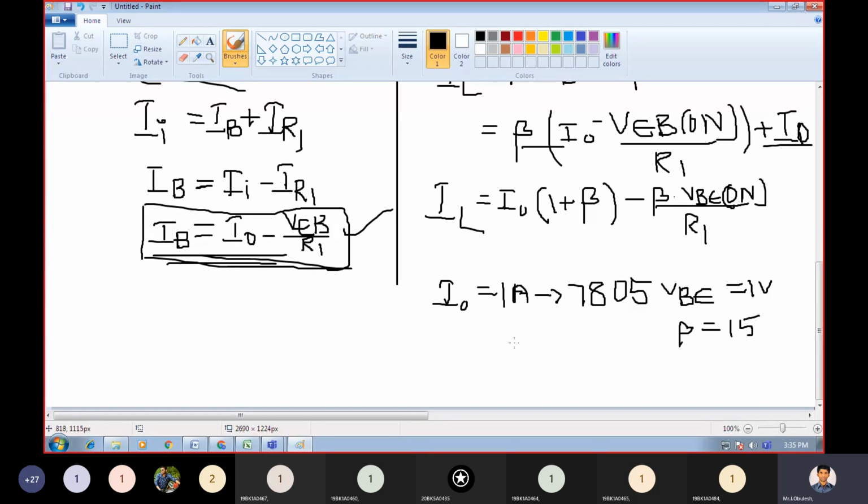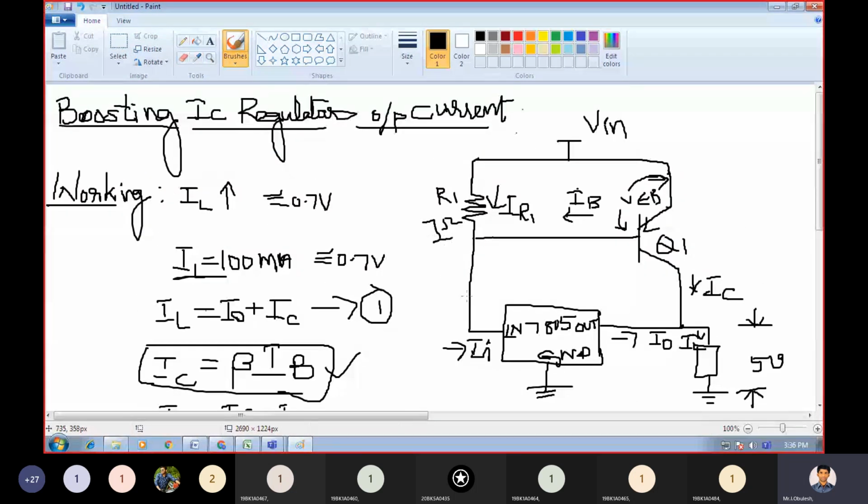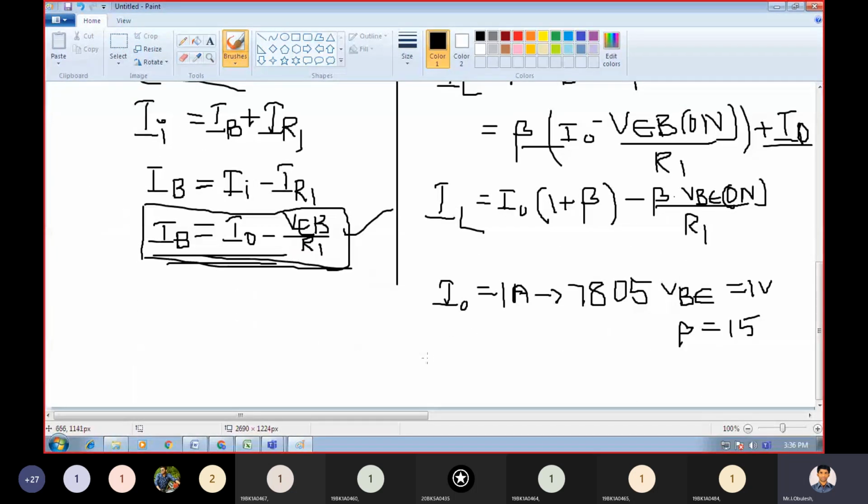Now what is the value? We have the beta value, I0 value, VEB value, and the resistor value also. What is the resistor value? 7 ohm. Keep it in mind. Substitute all values, then we will get the IL value.